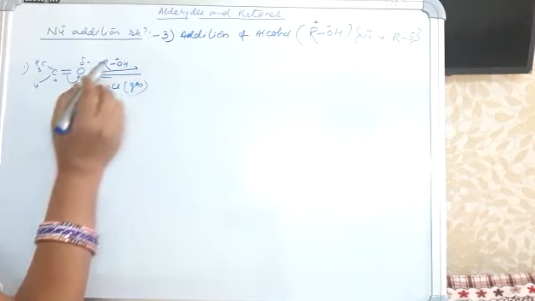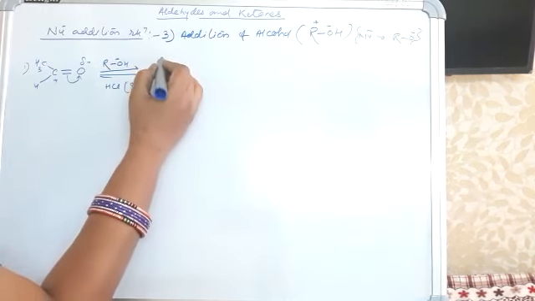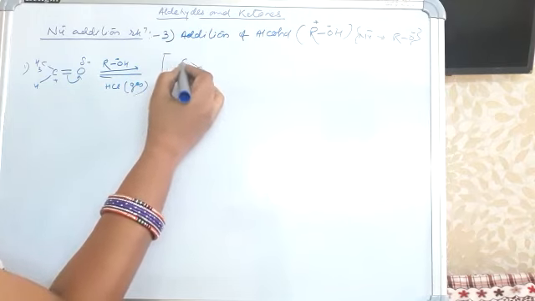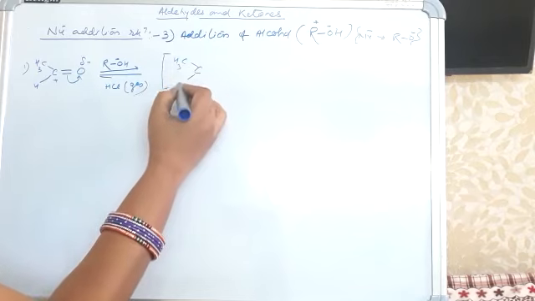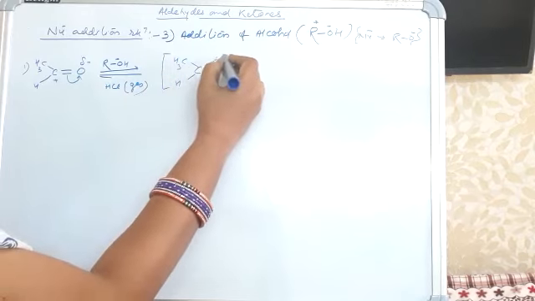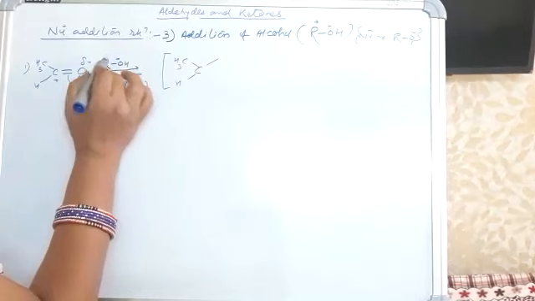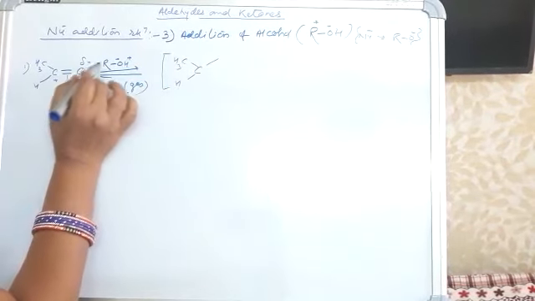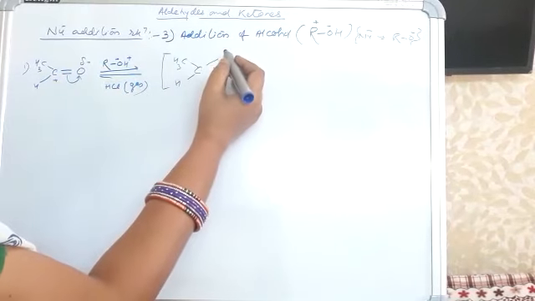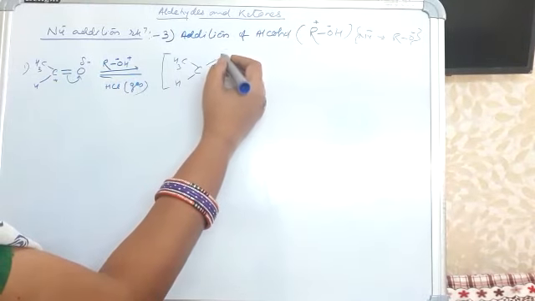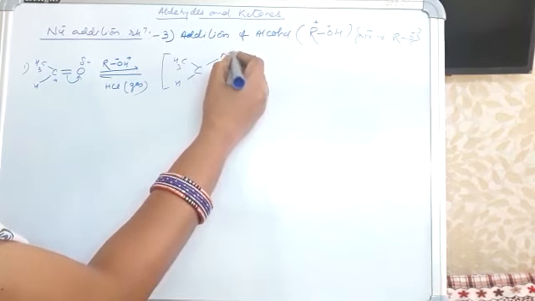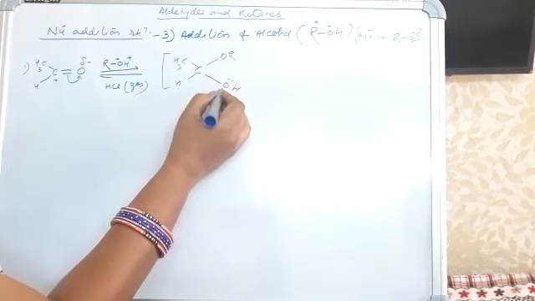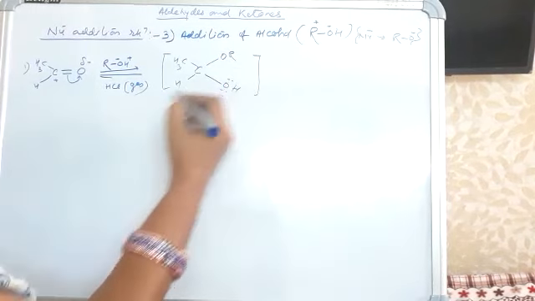This is negative. At first, what happens? Carbon, CH3, hydrogen and OR. Here OR, this is positive. Alcohol gives proton to the oxygen and alkoxide goes. And here formation of this compound.